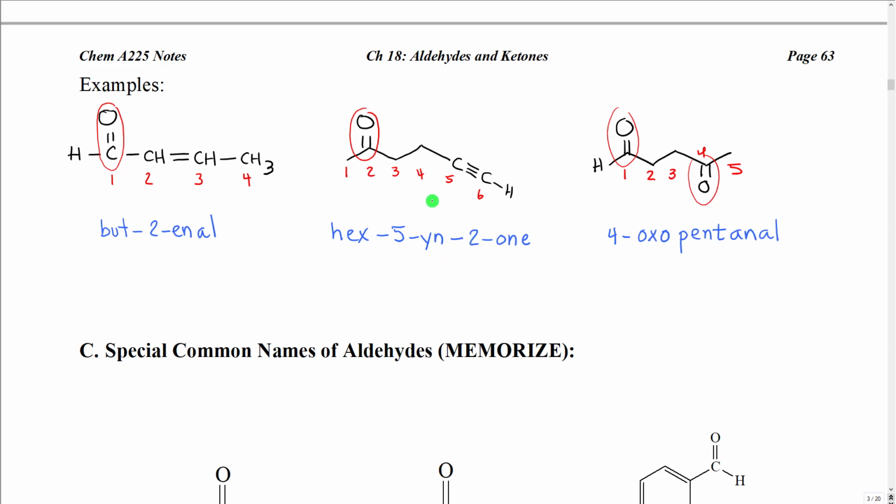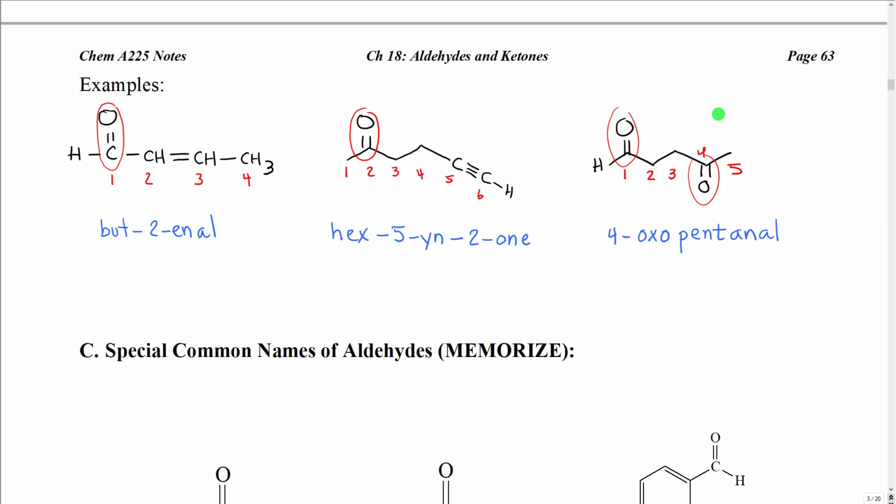And again, we then add the ending -one, which starts with a vowel, so we drop the e. Finally, we look and see that the ketone is on carbon 2, so we put the number 2 and then the ending -one. Hex-5-yn-2-one.